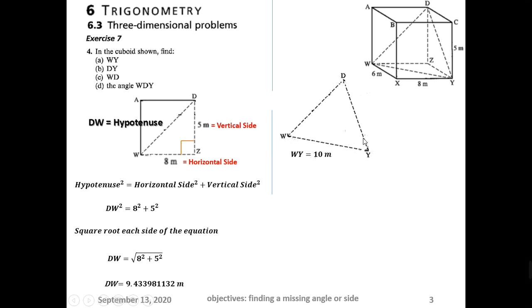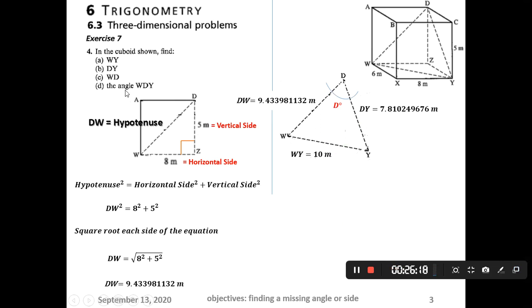So WY we found in the first step as 10. DW we found in the second step, which is 7.81, and in the last step we found WD. So we have 3 known sides.